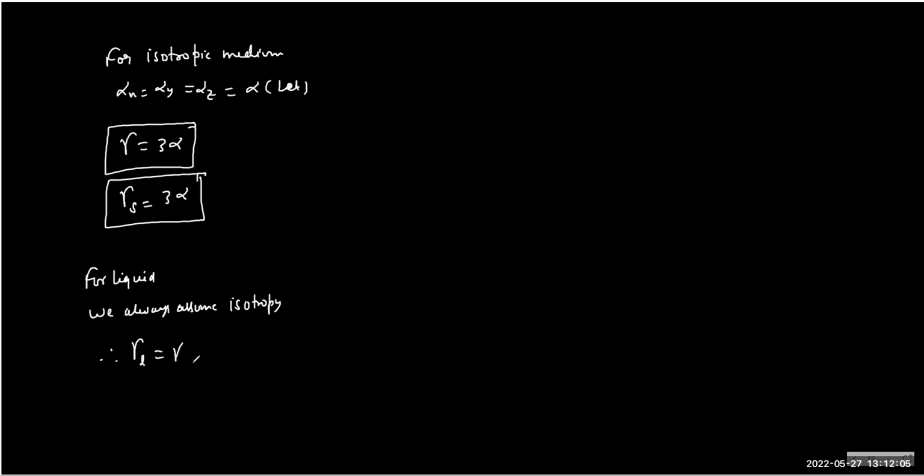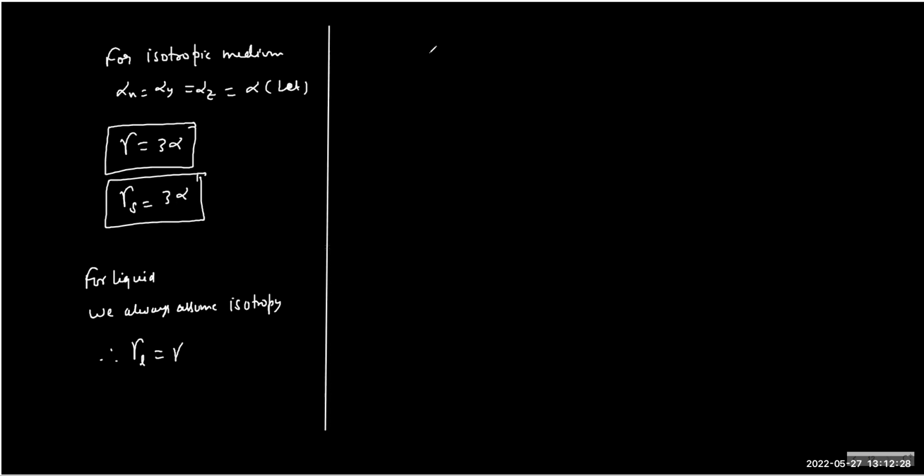We don't call it alpha because alpha we cannot define for liquids. So in case of liquid, we only define gamma. So liquid will have gamma only. The solid will have alpha, and the sheets are of course solid, so we can't have liquid sheets.